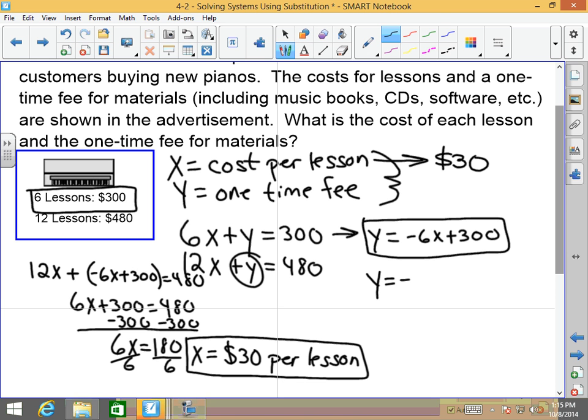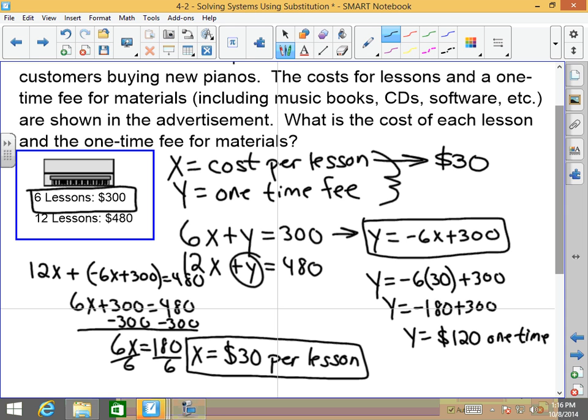Y equals negative 6 times 30, which is the cost per lesson, plus 300. Y equals negative 180 plus 300. Y equals $120 one-time fee. So my one-time fee, which I described as Y, equals $120.